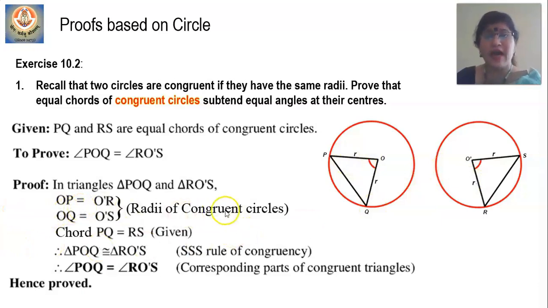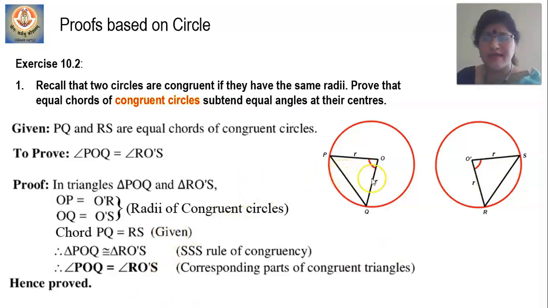Take the other radii, that is OQ and O dash S. These two are also congruent because they are the radii of congruent circles. What is remaining? They have mentioned that chord PQ and chord RS are congruent. So if PQ and RS are congruent, you have to mention that under given.